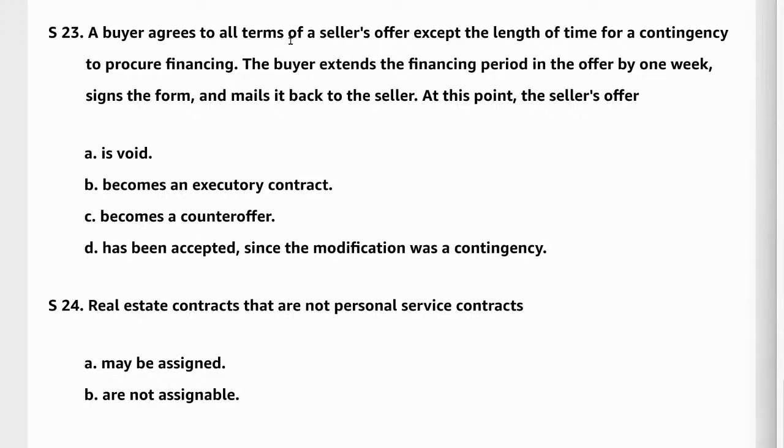So the buyer agrees to all terms of a seller's offer except the length of time. The buyer extends the financing period in the offer by 1 week, signs the form, and mails it back to the seller.